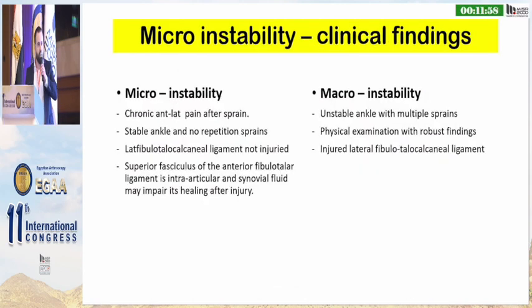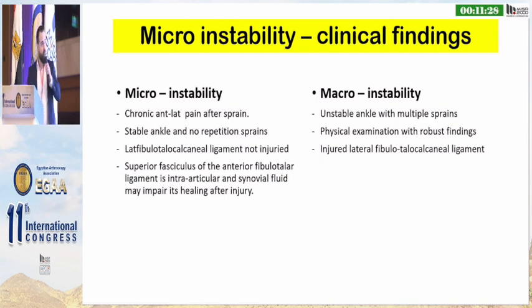So, microinstability is that patient who has chronic anterolateral pain after a sprain, but has a stable ankle without other sprains. In this patient, the lateral fibulotalocalcaneal ligament is not injured, just the superior fascicle of the anterior talofibular ligament, which is intra-articular, and the synovial fluid may impair its healing after the injury.